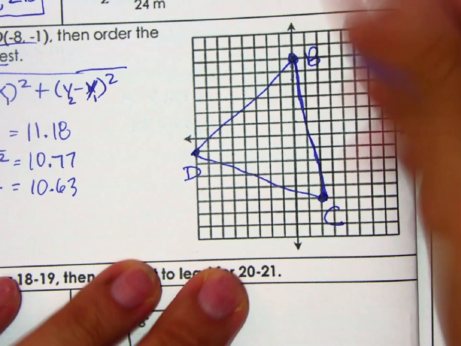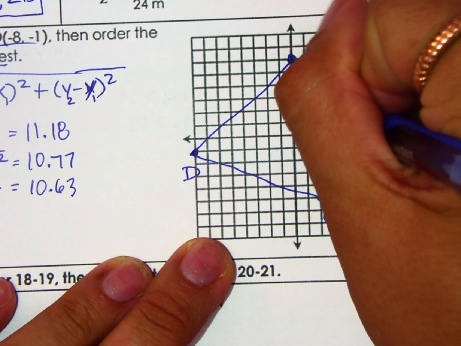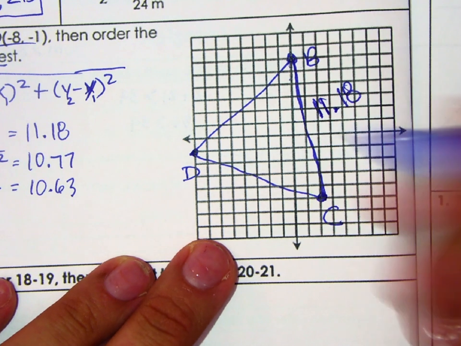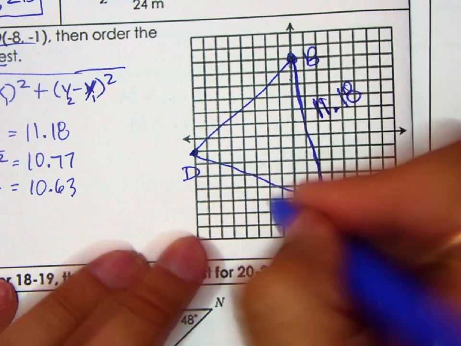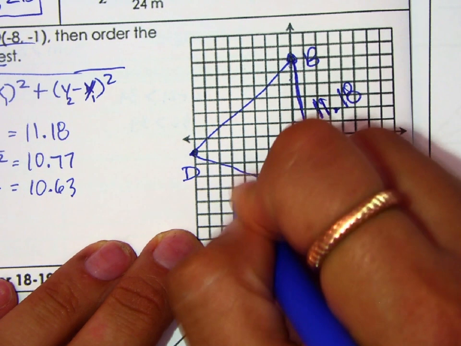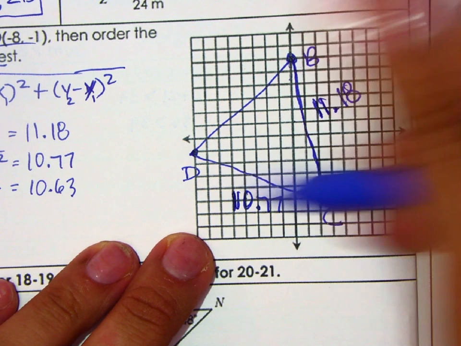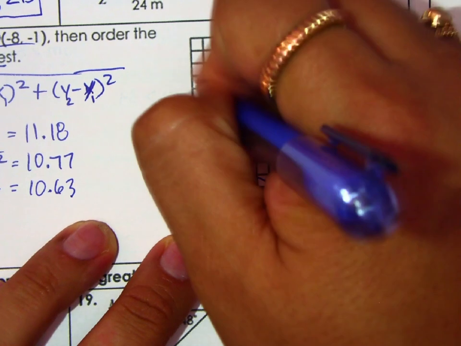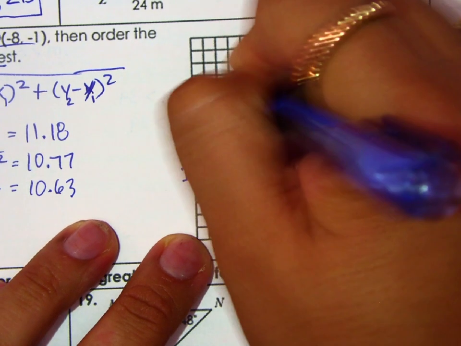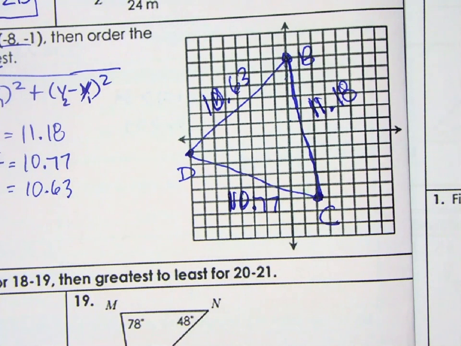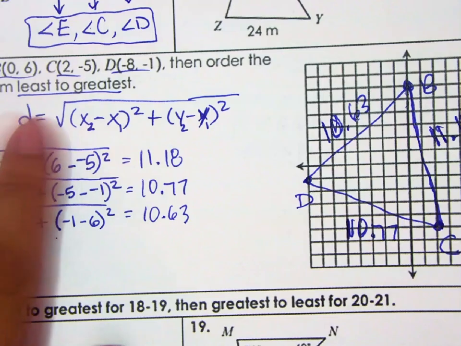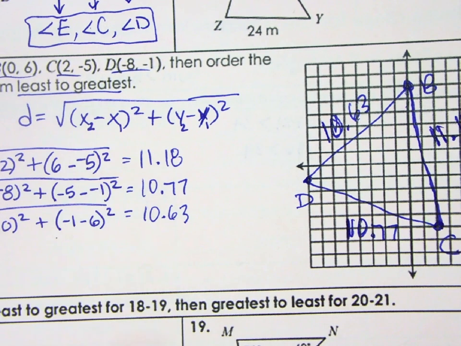So B to C is 11.18. C to D is 10.77. And then DB, it's 10.63.